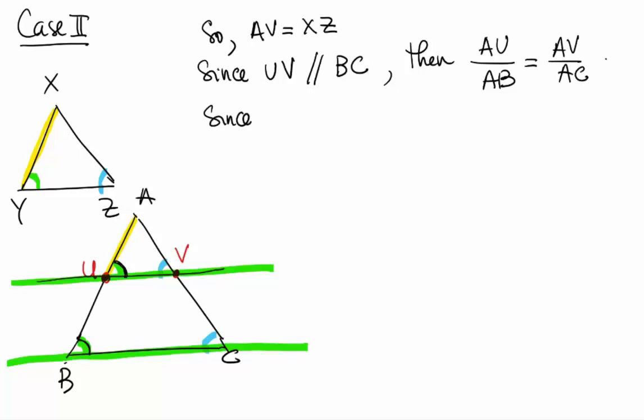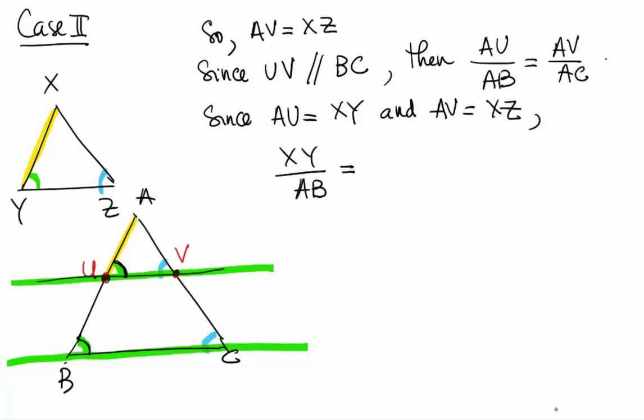Since AU is equal to XY and AV is equal to XZ, we can conclude that XY over AB is equal to XZ over AC. And this brings us to the end of our theorem.